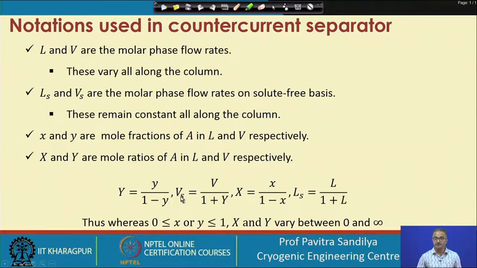Similarly, we have the solute free basis flow rate, and that is represented by the total flow rate divided by 1 plus y. Okay. So, naturally we see that the solute free basis flow rate will always be less than the actual flow rate, because we are taking out one of the components from the whole flow rate.